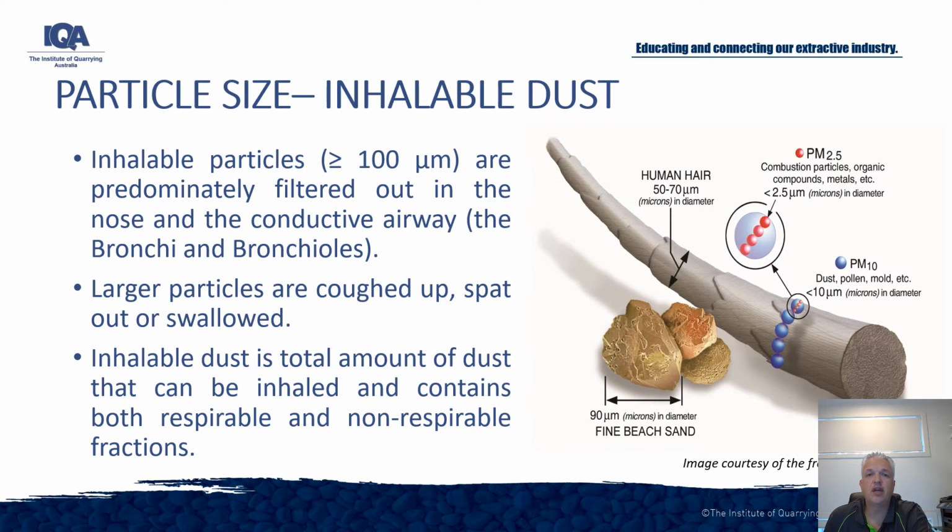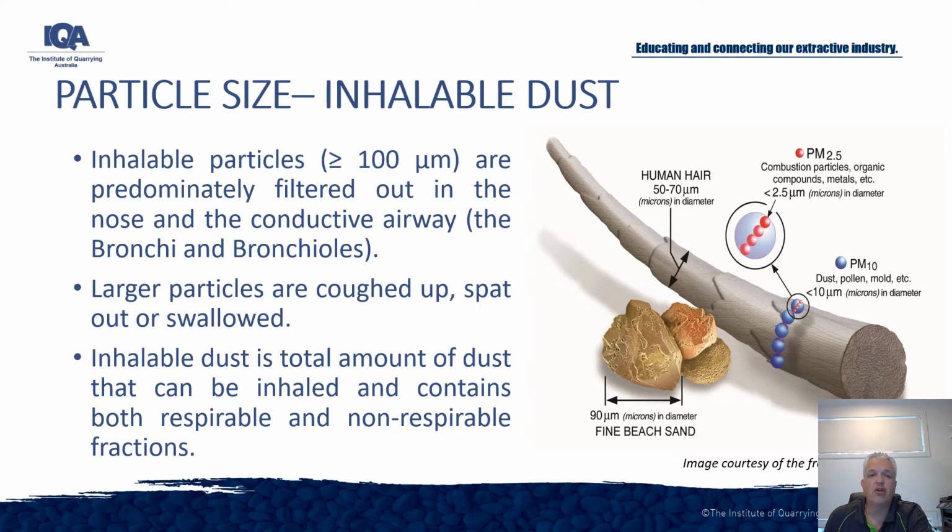We'll look at inhalable dust in a little bit more detail in this section. They're also referred to as total dust. So the differentiation between inhalable and respirable dust. Inhalable dusts are greater than 100 micron and predominantly filtered out through your nose and conductive airways, your bronchi and bronchial tubes.